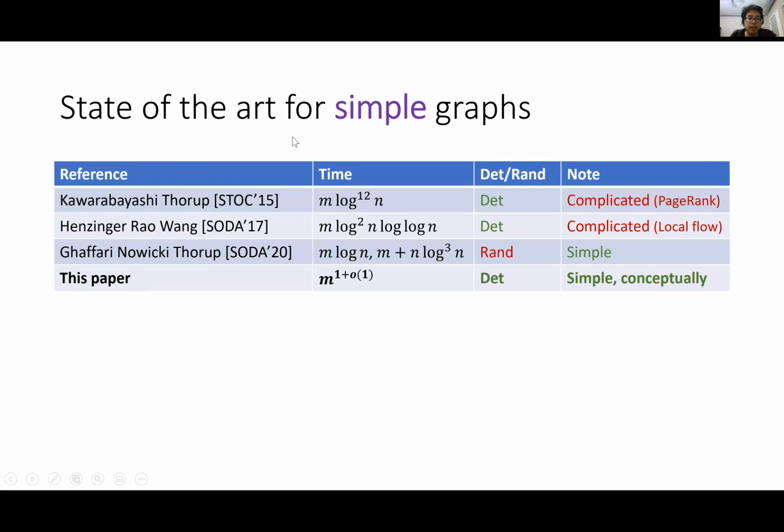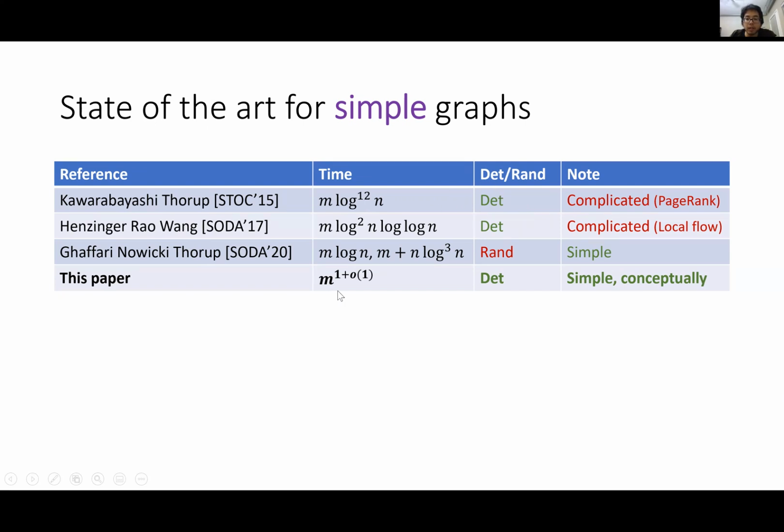Now the state of the art of the min cut algorithm on simple graphs is as follows. It starts with a breakthrough algorithm by Kawarabayashi and Thorup that gives a near linear time algorithm and makes it deterministic.